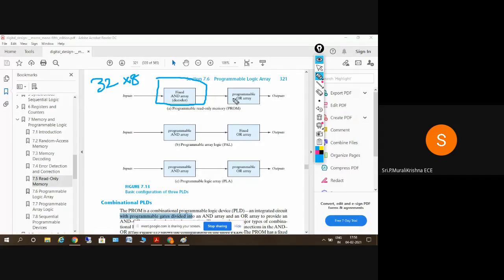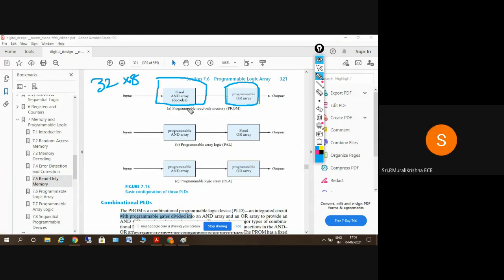But in the case of the OR array, it can be programmable. The meaning of programmable here is that I can reduce or increase the number of gates, though most probably only reduce. See the earlier example of the 4-bit square. Actually 8 OR gates were used there, but I used only 6, yes or no?